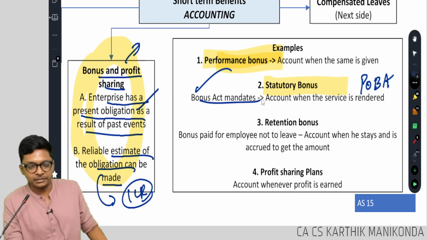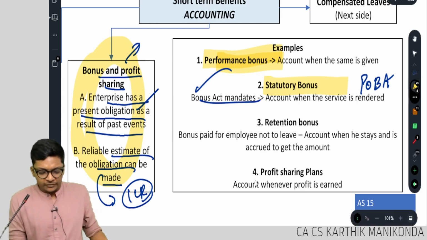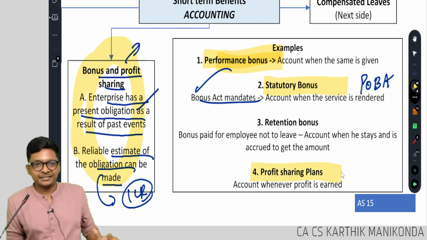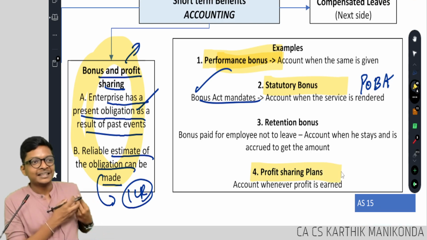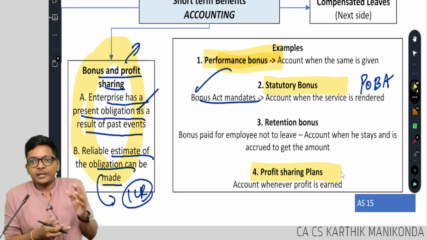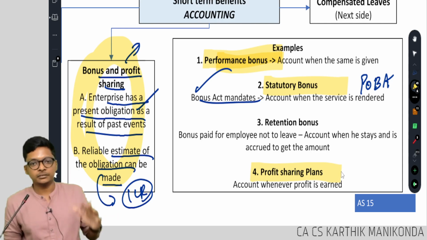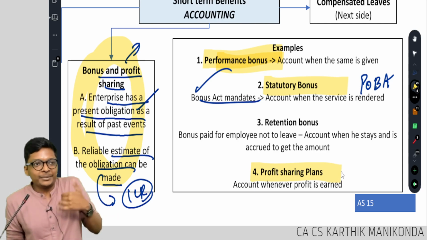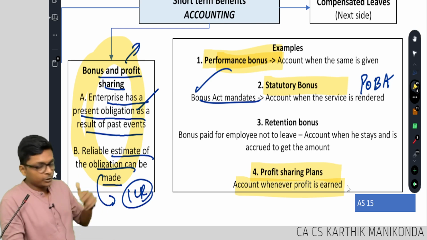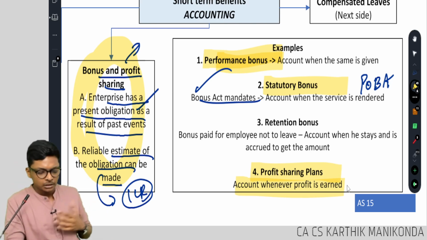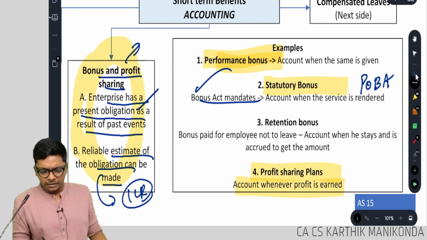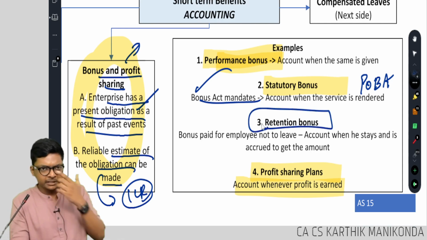Are you following, guys? Next. We'll go to the last one. What are profit sharing plans? In the name itself is the answer: if we earn profit, 2% of that goes to all the employees, like that. So whenever we earn the profit and the company declares, you will get the bonus. Clear, guys? The last one is interesting, something you will experience in the future.